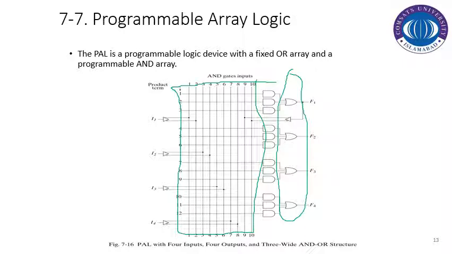So if our functions have some common terms, we can share or replicate a function in order to generate another function by using these buffers. So this is figure 7-16, a structure with 4 inputs and outputs and a 3-wide AND-OR structure.